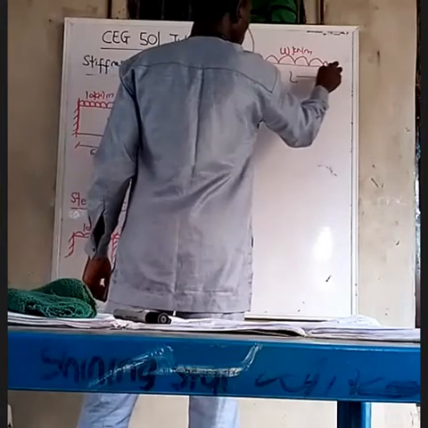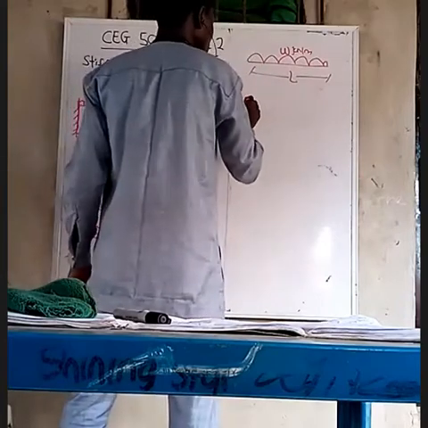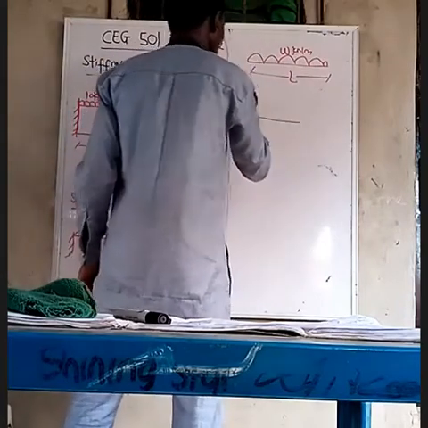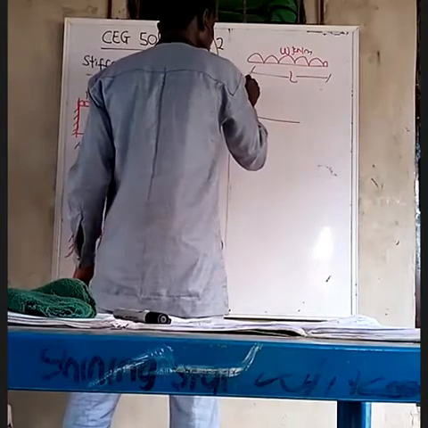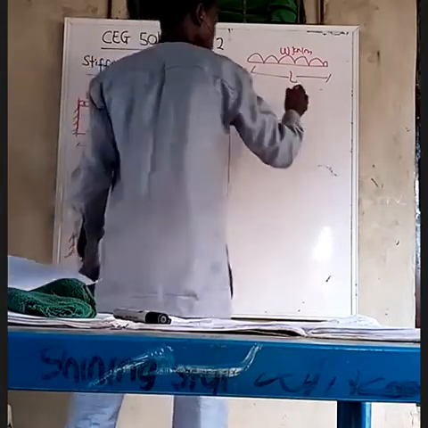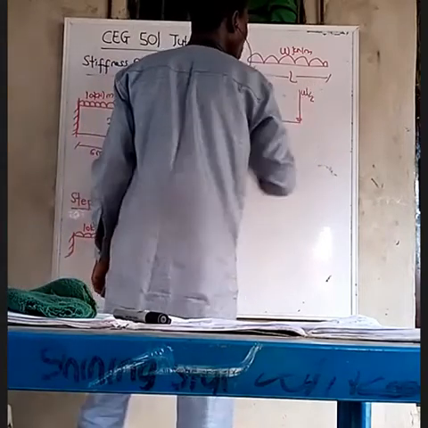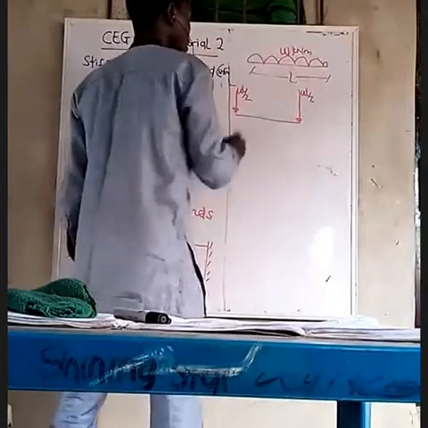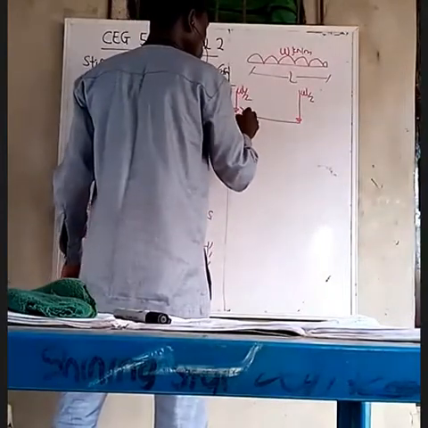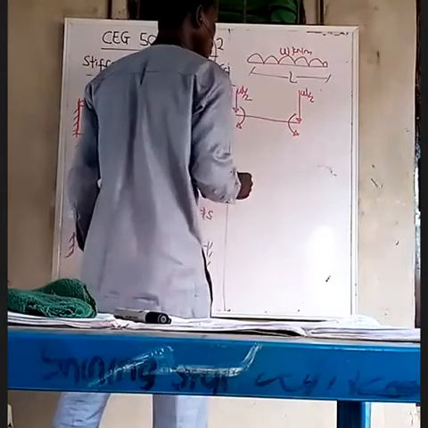this is W kilonewton per meter, L. So it's the same thing as having WL over 2, because in our derivation, the loads were applied at the end. So WL over 2, and then a fixed end moment.